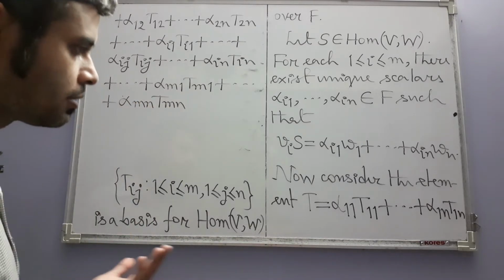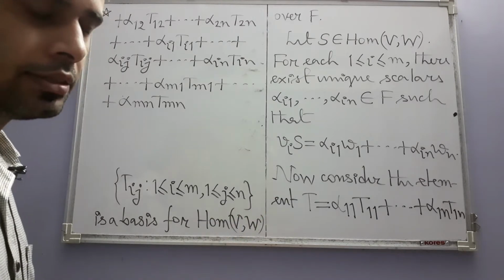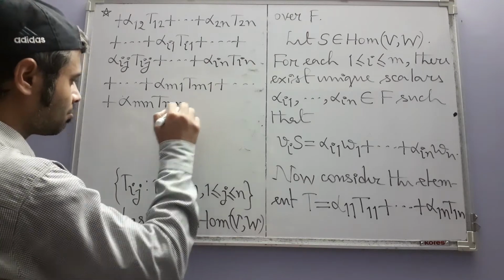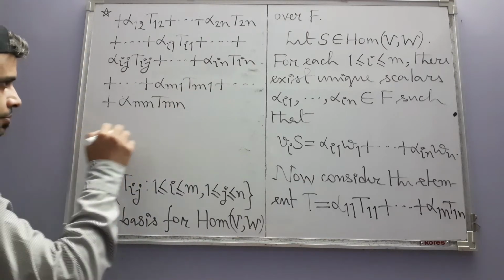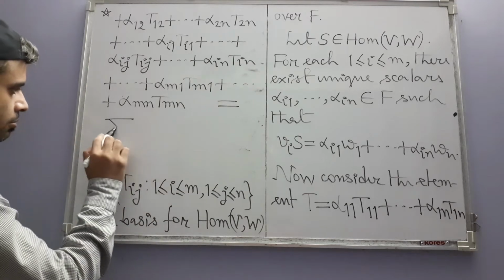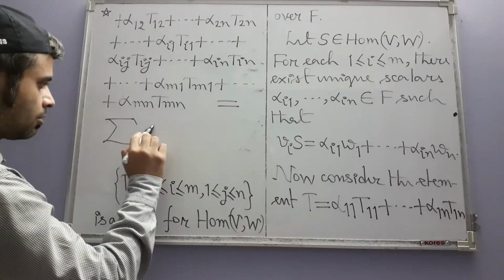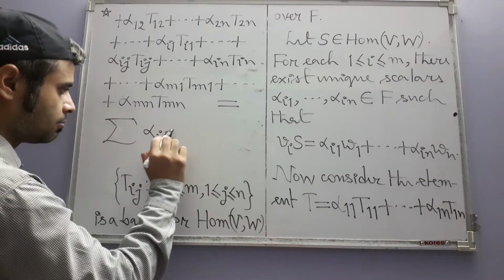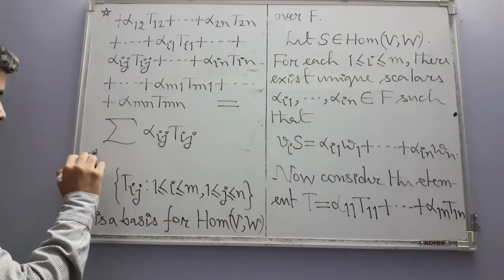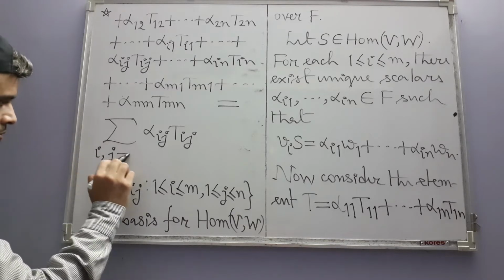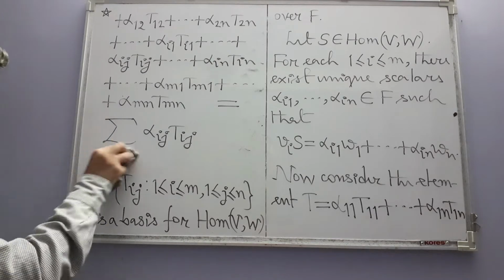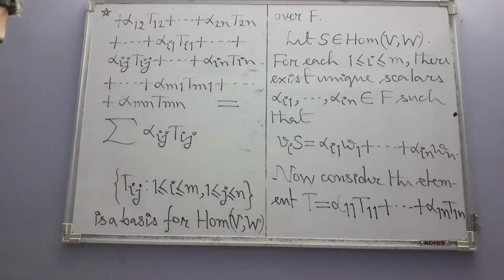This entire linear combination of the Tij's with these particular scalars can of course be more compactly written like this: the sum of alpha ij Tij, where I cannot write like this at once, no? Because m and n may be different.